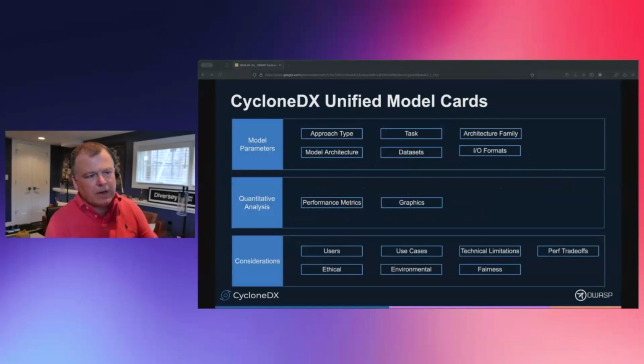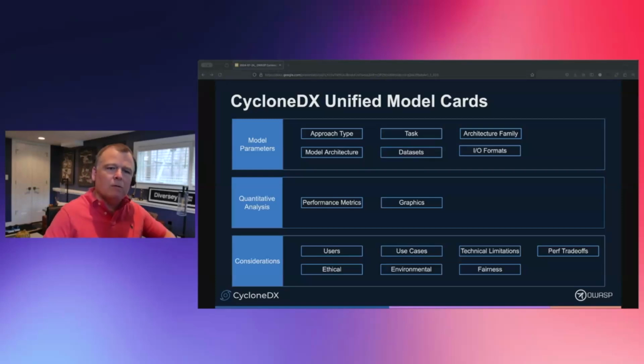We've standardized on the concept of model cards. And CycloneDX has a machine-readable version of essentially a model card. It is just another type of component within the CycloneDX document, and you can specify everything from the approach, to the type of task it's going to do, to what the I/O formats are, what the data sets are, what some of the use cases and technical limitations are, and what some of the environmental concerns are.